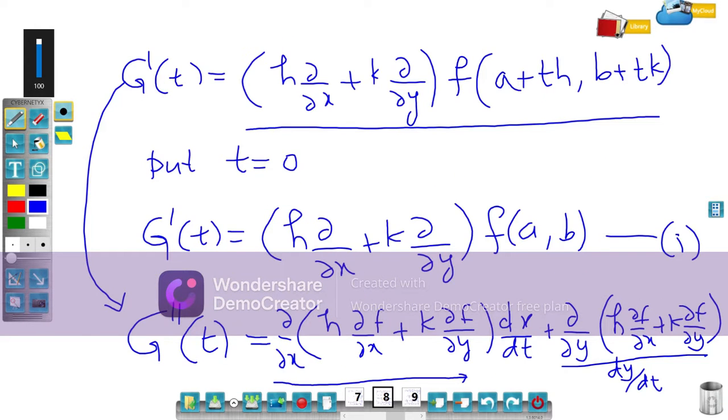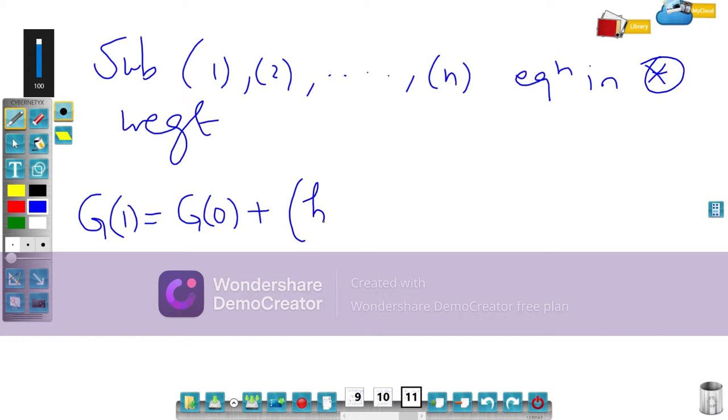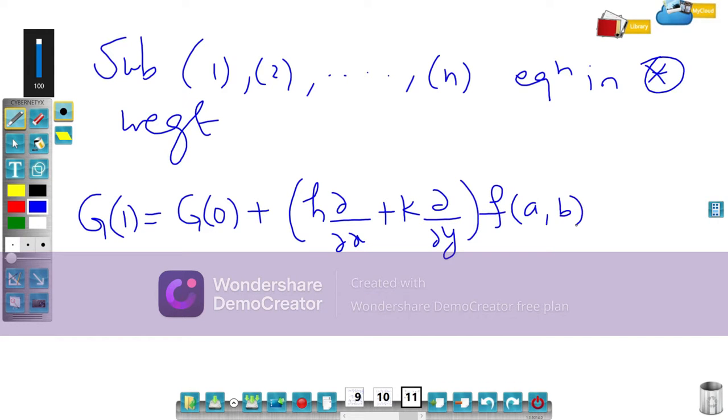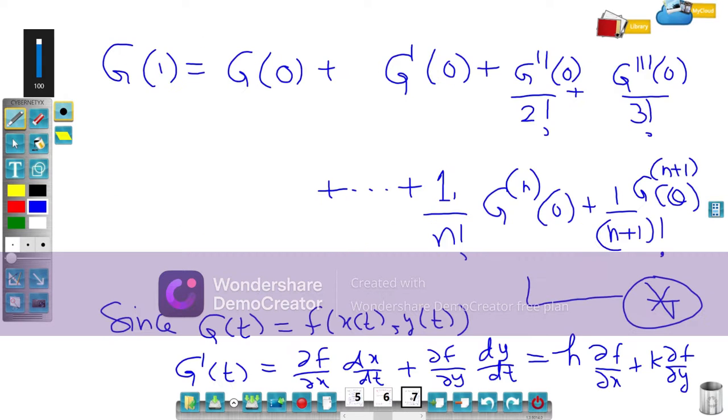Have I written that g dash at 0? Yeah, I have written it. So (h ∂/∂x plus k ∂/∂y) f evaluated at a comma b, plus, for this I have written, g double dash 0 upon 2 factorial.